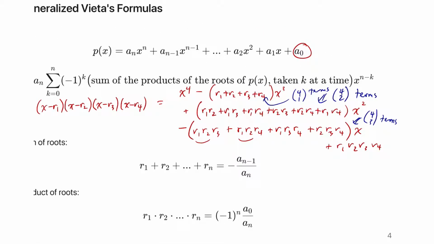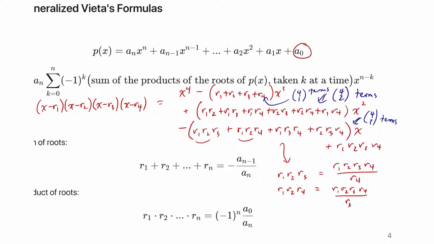What I can actually do, though, is rewrite this sum. So I can rewrite R1, R2, R3 as R1, R2, R3, R4 divided by R4. You agree with that? I can rewrite R1, R2, R4 as the product of the same thing divided by R3.